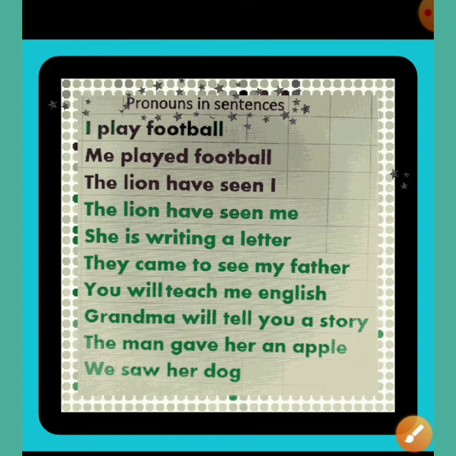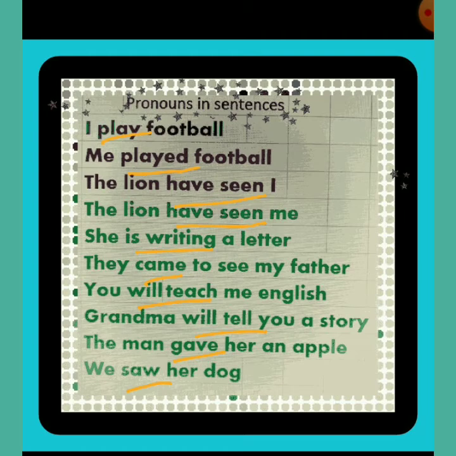So here are a few more sentences. We will identify these sentences and we will see if the pronoun is used correctly or what is the function of the pronoun in this particular sentence. First of all, let me identify all the verbs here. So I have identified all the verbs here.